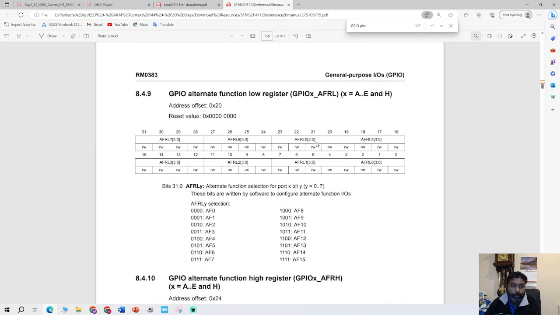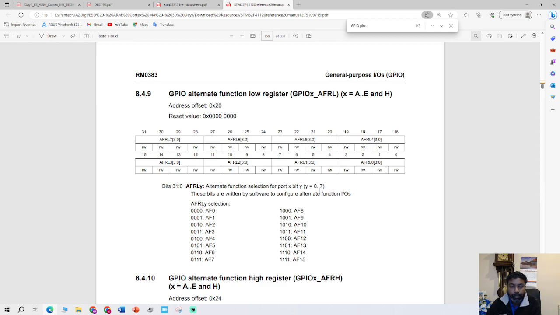Okay. GPIO, as we learned earlier, can be set as an alternate function low register or high register. For the low register, the offset value is 0x20. So when you write the bits 31 to 0, these bits are written by software to configure alternate functions.